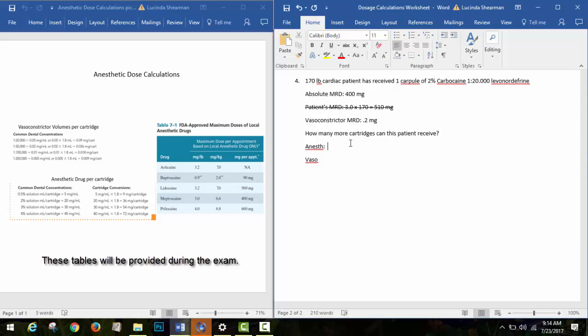Okay, anesthetic, we're using the 400. We're going to divide that by 36 milligrams because that's how many milligrams are in a cartridge of 2% solution. And that comes to 11 cartridges.